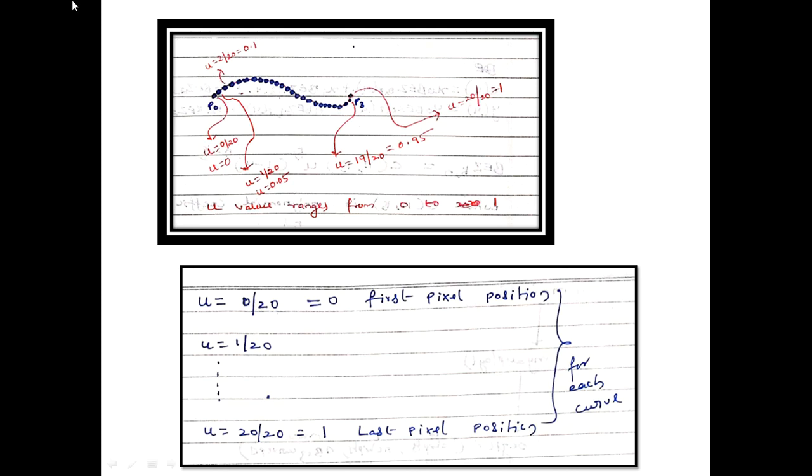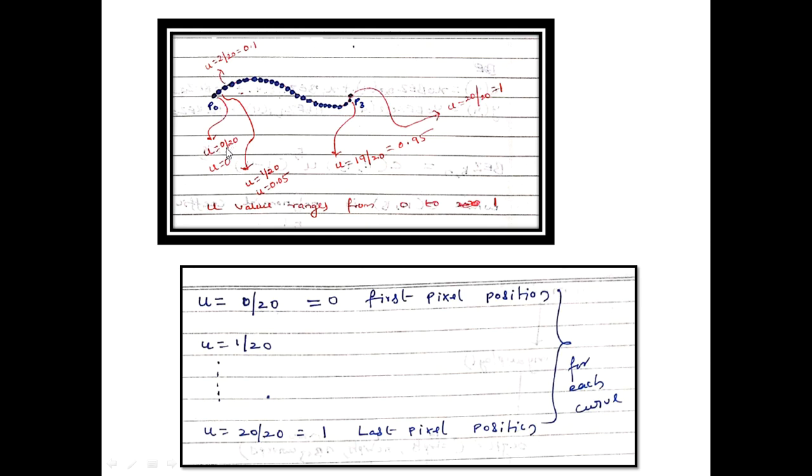As you see in our lab program, P naught is the first control point, P3 is the last control point. So between P naught and P3, we have 20 pixels. So for the first pixel, the U value we are calculating is 0 by 20.